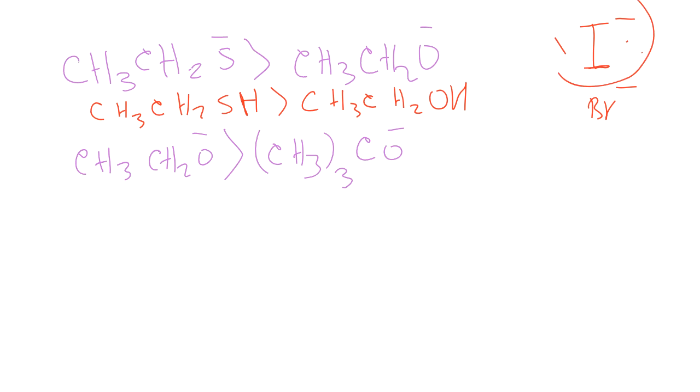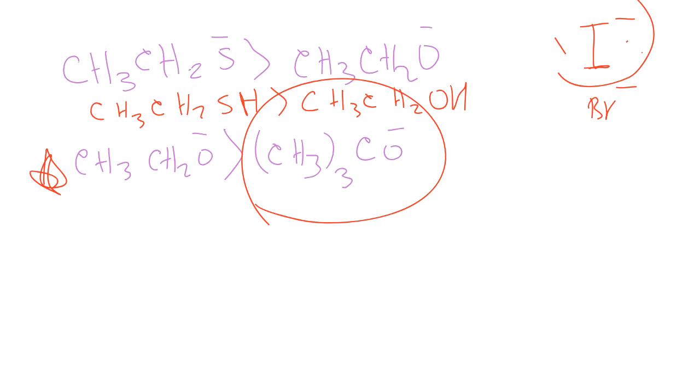What about this case? How could you justify this one? In a slide in the previous chapter, you need to look for that slide, it says the bulkiness of the nucleophile is going to affect the nucleophilic property and lower the strength of the nucleophile.